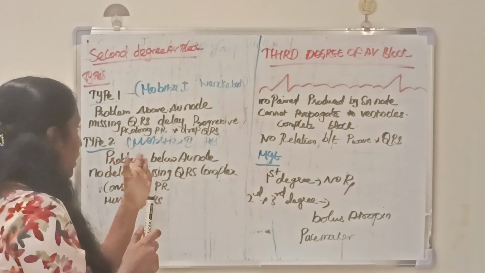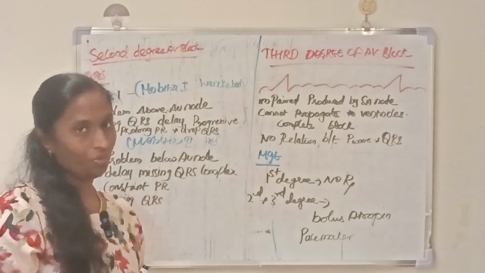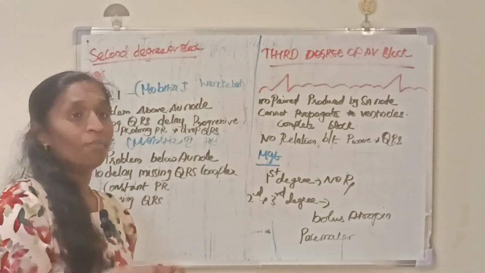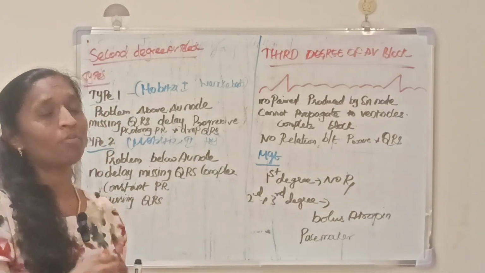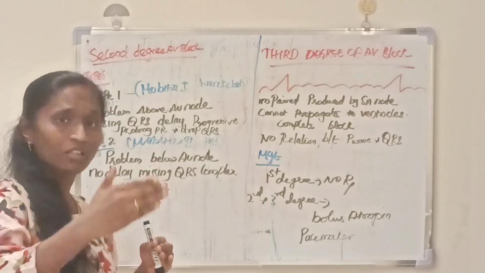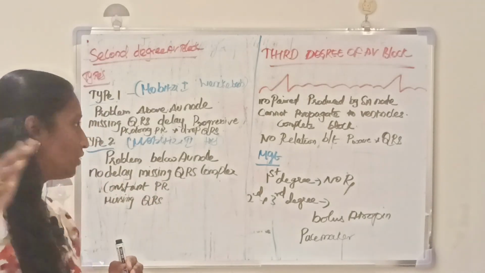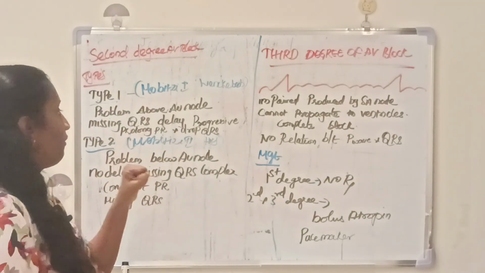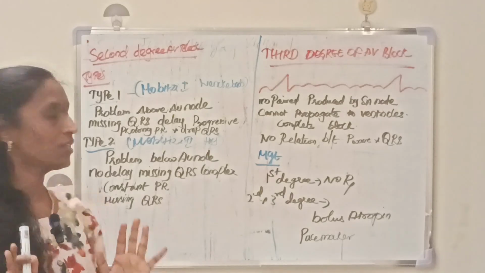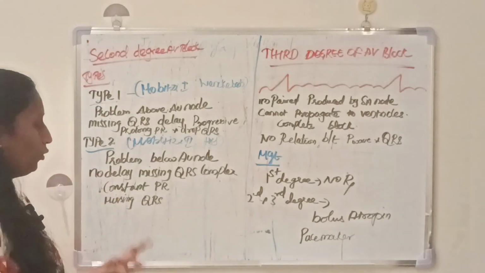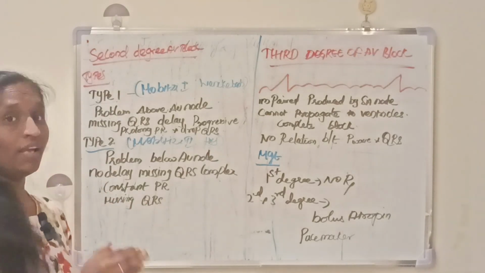This is the main difference between type 1 and type 2. In type 1, the problem is above the AV node. Here there is progressive prolongation of the PR interval, it will continue, and then there will be a drop in the QRS complex. The next is type 2. The problem is below the AV node.